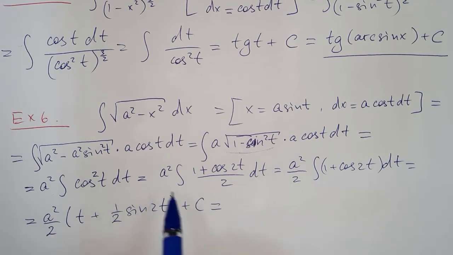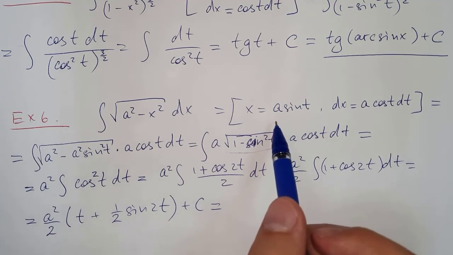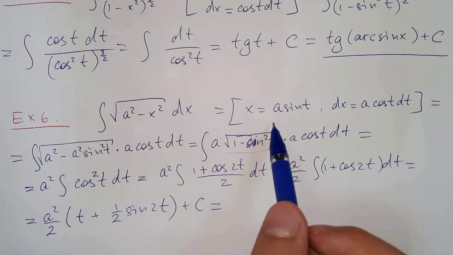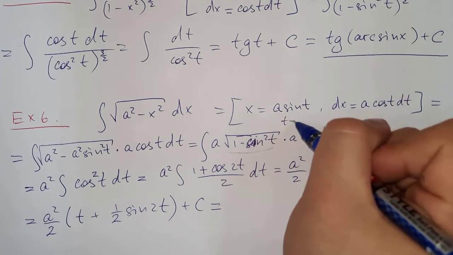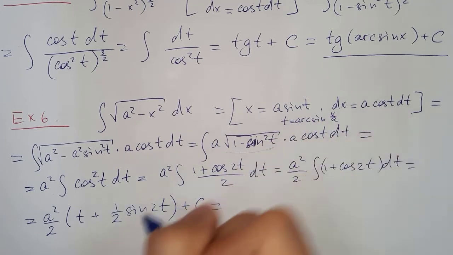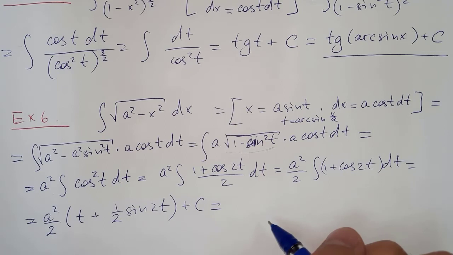And now we can replace our t. Now t is arcsine x over a. Just put arcsine x over a instead of t everywhere.